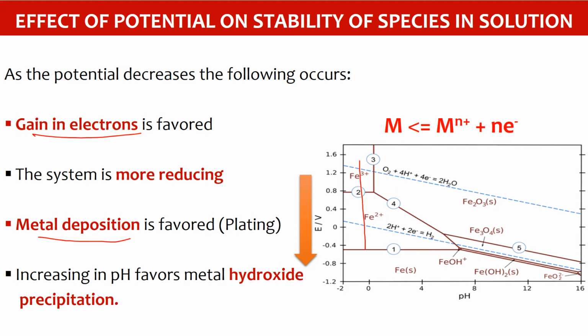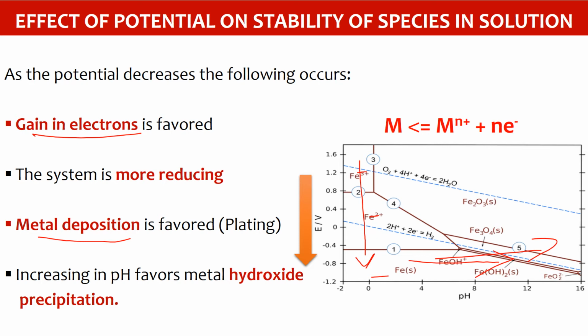For example, you're moving from Fe3+ and Fe2+ to Fe0. When you now increase the pH, you can favor metal hydroxide precipitation if you go in this direction.